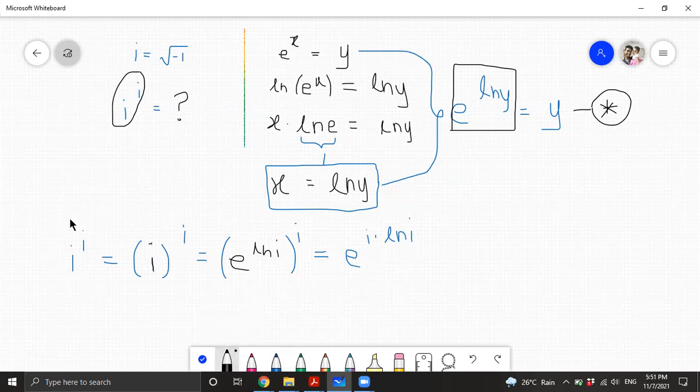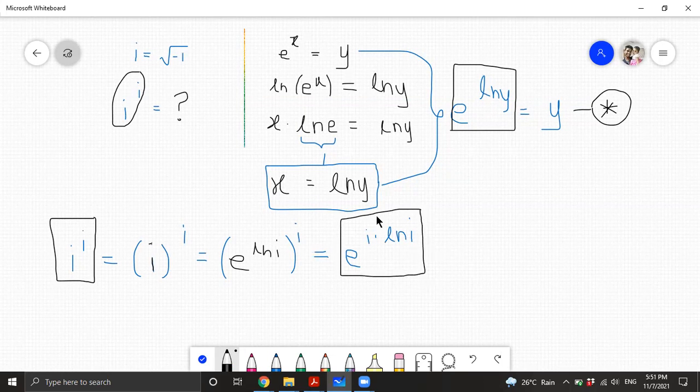So we have changed this i to the power i into e to the power i ln i. You could wonder why I use this e to the power ln i to find the solution: because from this we are going to find the value of i to the power i. That's why we use this kind of equation to solve.